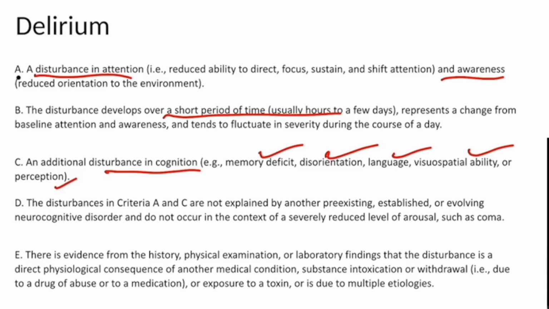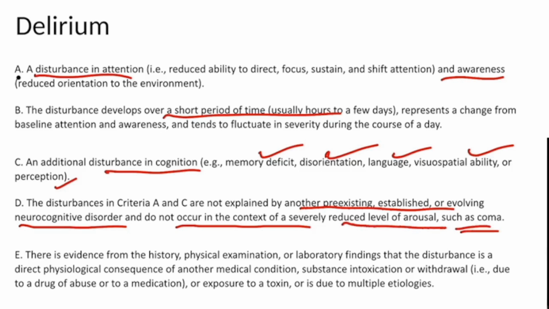These are not explained by another pre-existing established neurocognitive disorder and do not occur in the context of a severely reduced level of arousal such as coma. And there is evidence from history, physical examination, or laboratory findings that the disturbance is a direct physiological consequence of another medical disorder, substance intoxication or withdrawal. So this is the detailed DSM criteria.